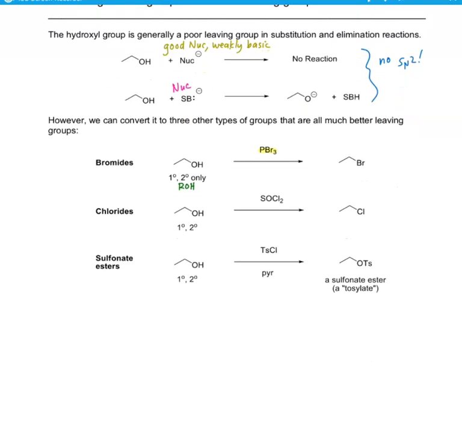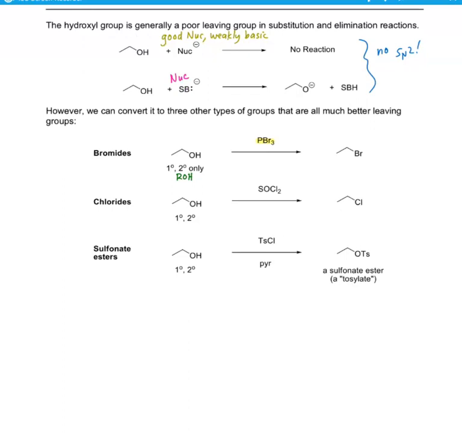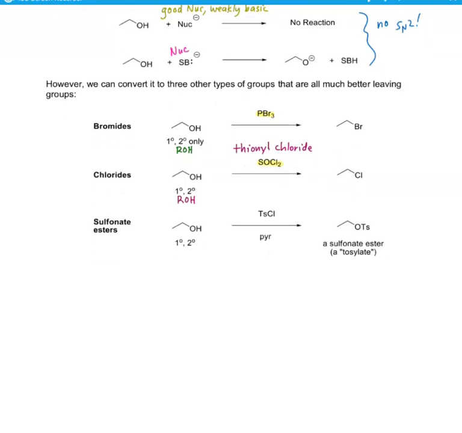If instead of a bromine you for some reason wanted a chlorine, you could use a reagent, as shown in the second example, called thionyl chloride. That'll have the consequence of changing the OH group for a chlorine. And again, this is going to work on primary and secondary alcohols.